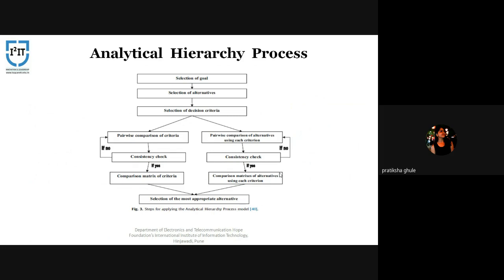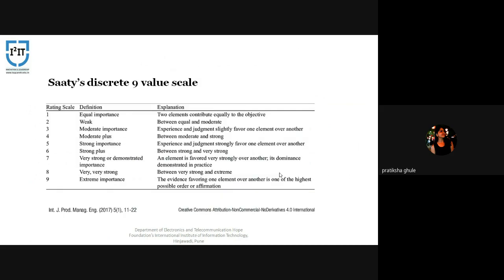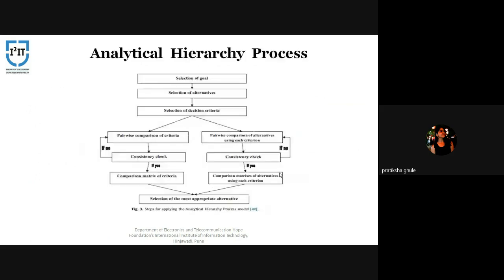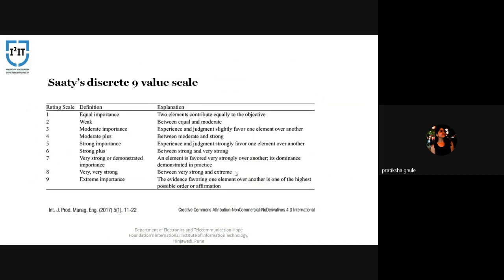And then once the comparison matrices are created, by combining both we will find the most appropriate alternative. All these pairwise comparisons are done by using the Saaty discrete 9-value scale.